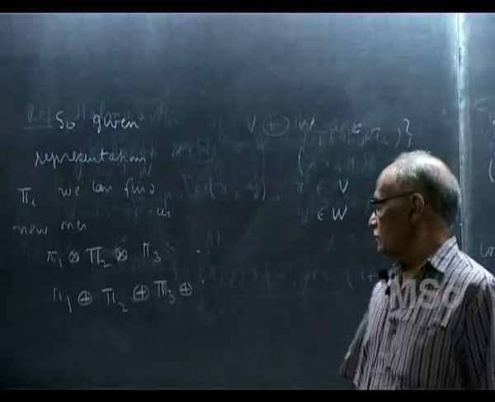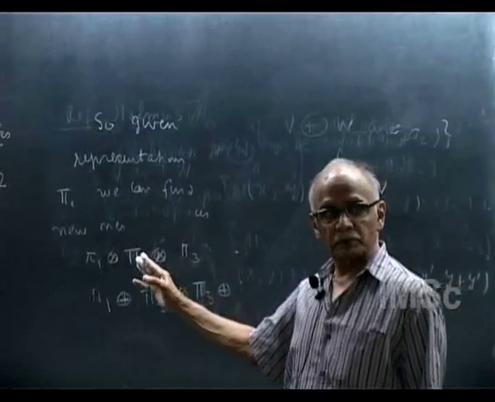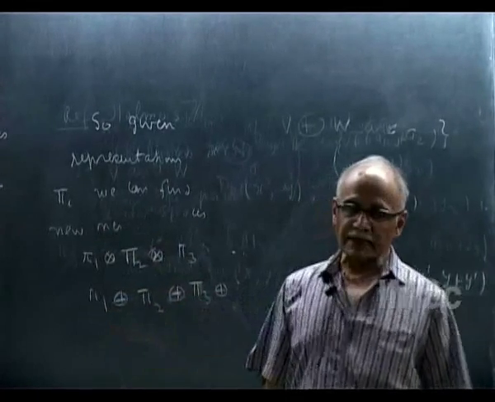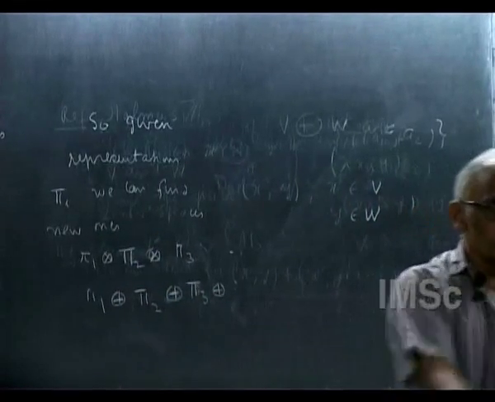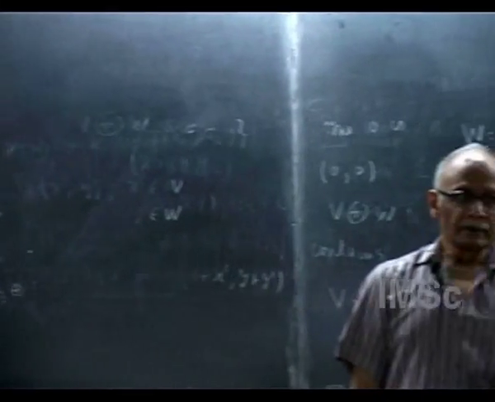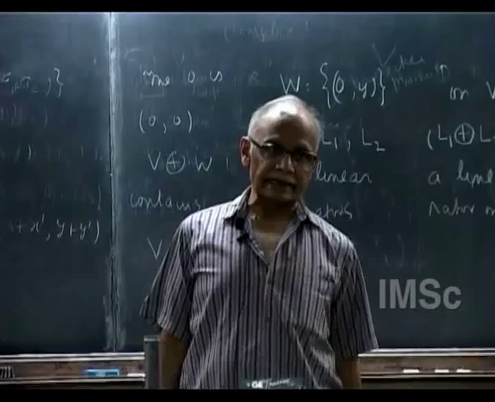In fact, if I take pi 1 and pi 2 as the same, when you take the tensor product you will get really new ones which you did not know about, but direct summing mostly puts things on a diagonal, and is simpler.